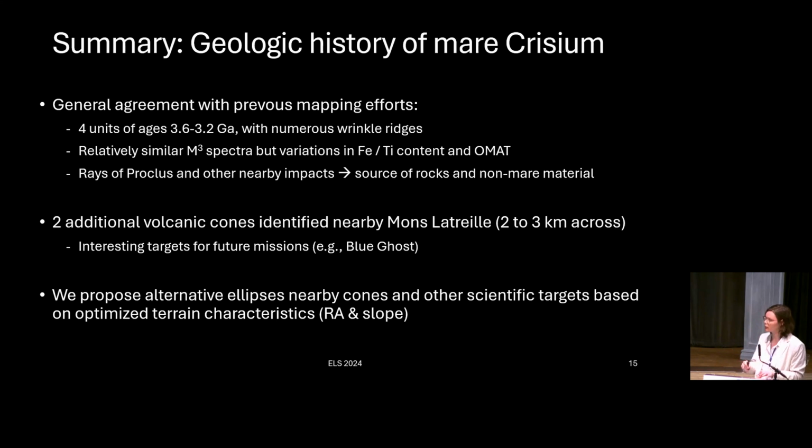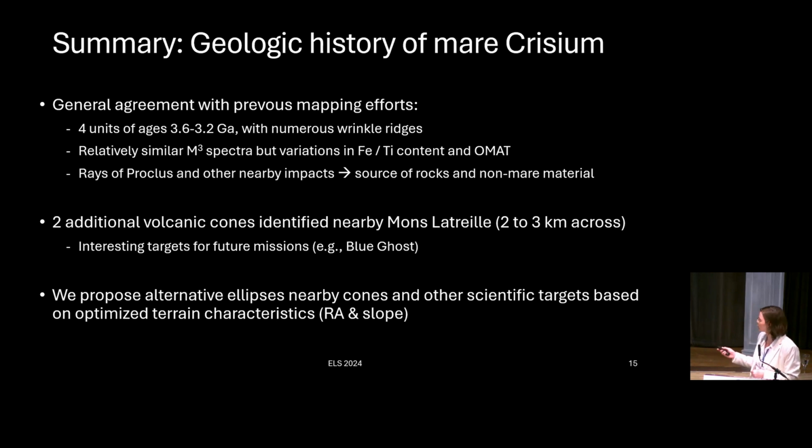The M-cubed spectra show a very uniform Mare units, but we do have some variations in iron and titanium abundances as seen by Clementine data and also in OMAT maps.